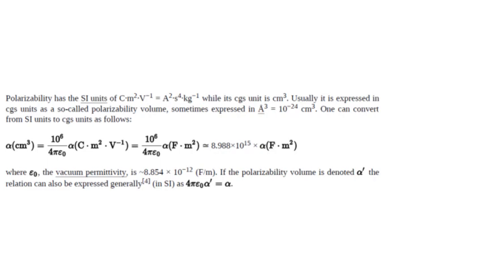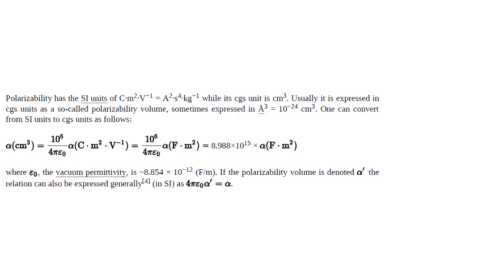One can convert SI units to CGS, which is shown here. Suppose you have alpha, then this can be done as shown here, and you can put these values here. So you will get the answer here.